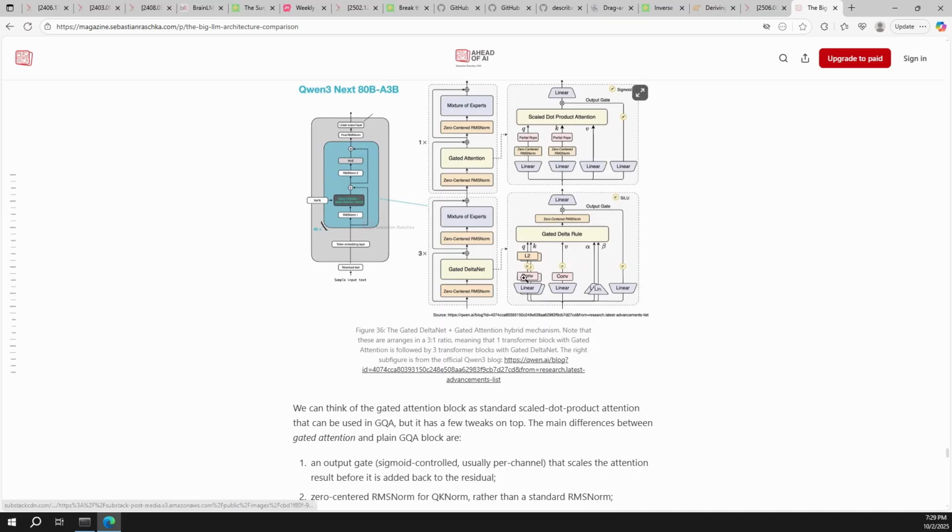So I suspect with these convs, you're basically getting a windowed thing. Yeah, that's what it sounds like. So if your conv is size 16, then effectively you only need to keep the last 16 tokens instead of every token you've ever seen.